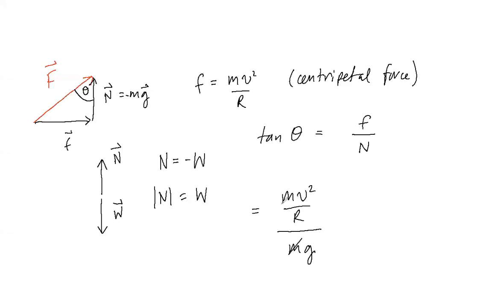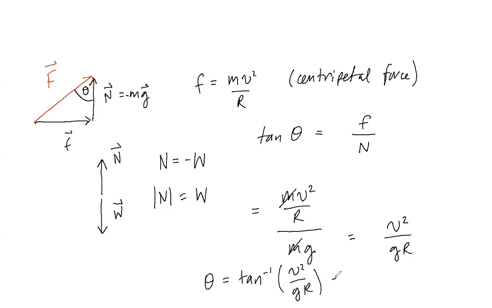And so the m's cancel. And so now we've got v squared over g times R. And so now the angle is going to be the inverse tangent of v squared over gR.